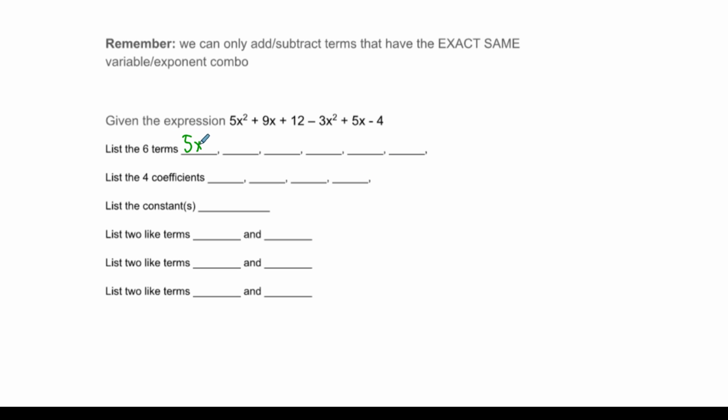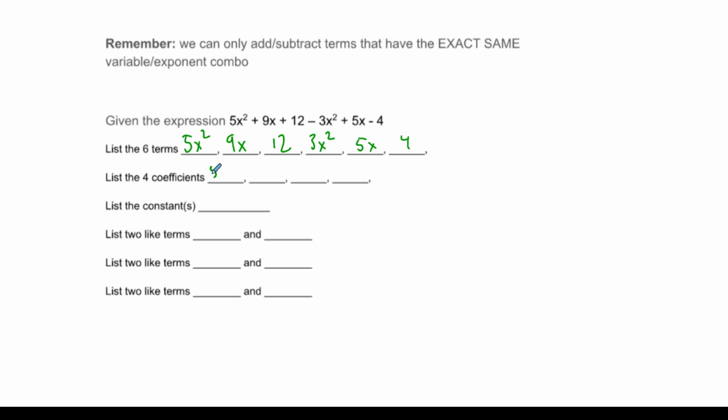So let's see, we have everything separated by plus, minus, those are going to be our individual terms. 5x squared, 9x, 12. Now this is a minus, so can we say minus 3x squared or negative 3x squared? Let's just say 3x squared, 5x and 4. Okay, so what are our coefficients? Well, remember the coefficient is the number that's multiplying by the variable.